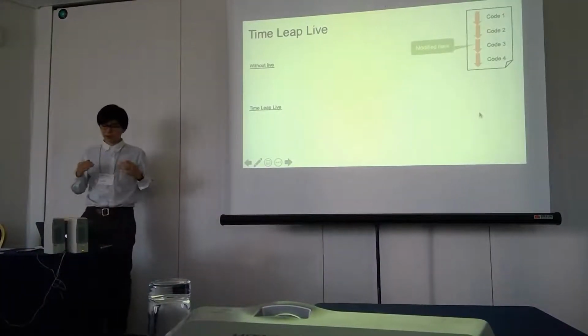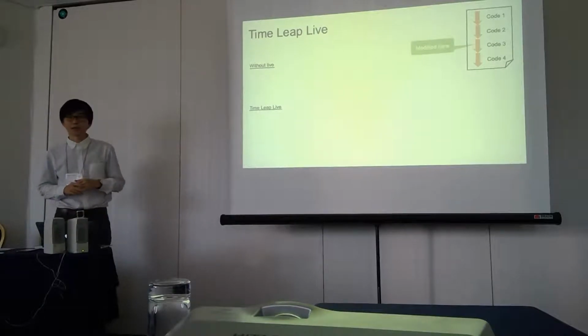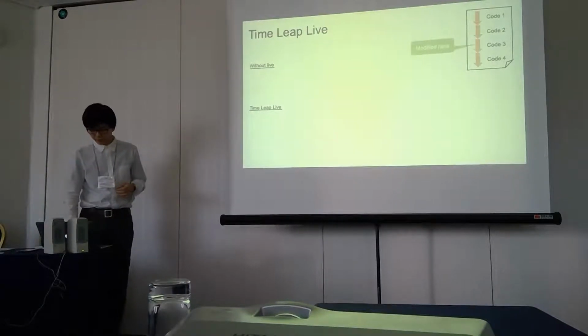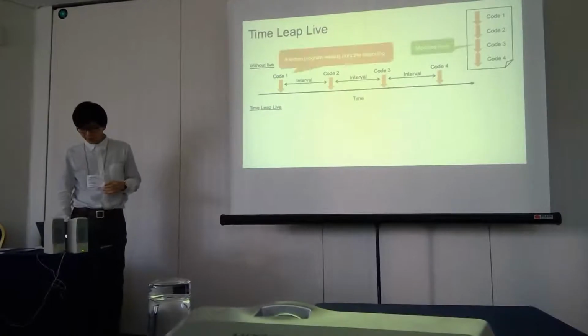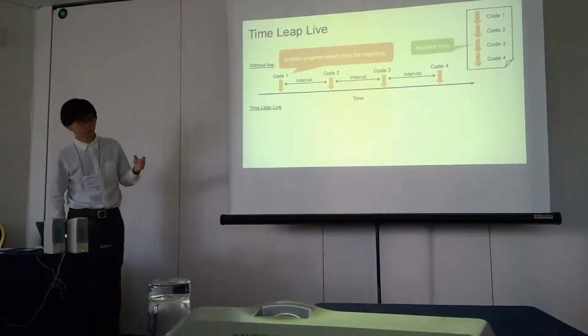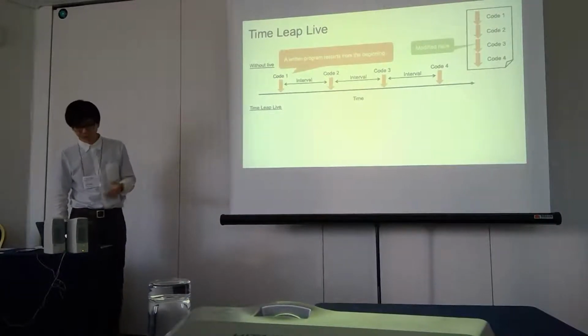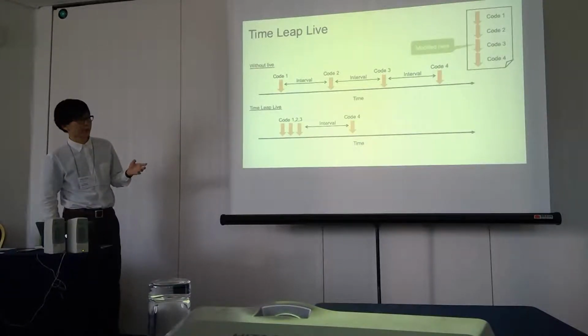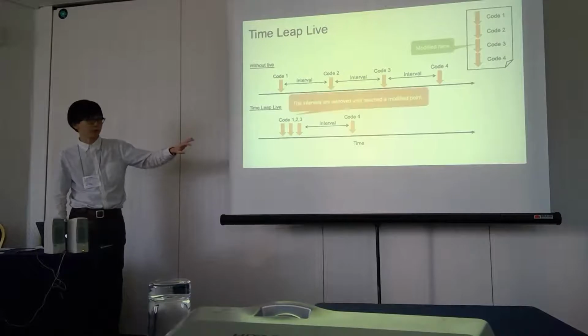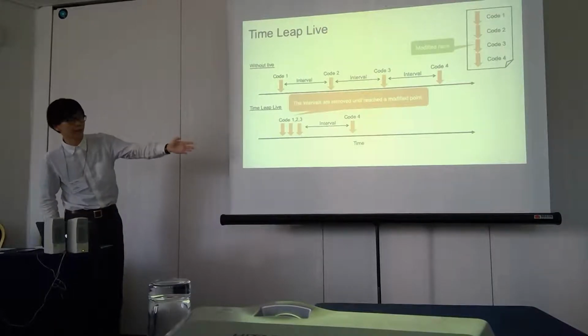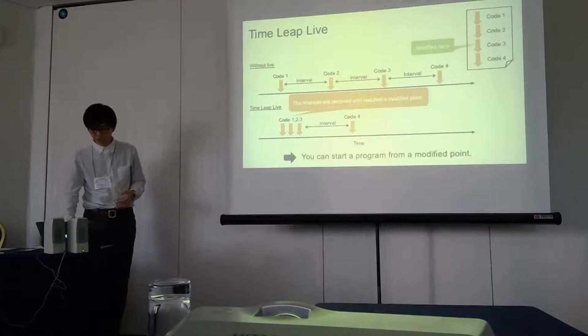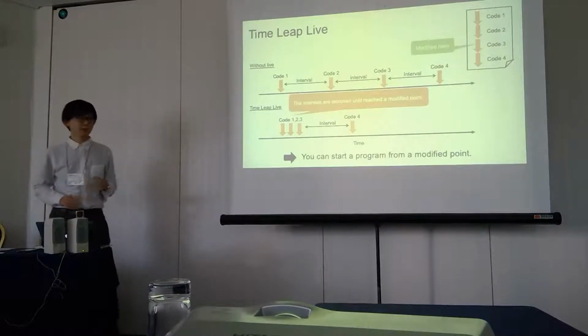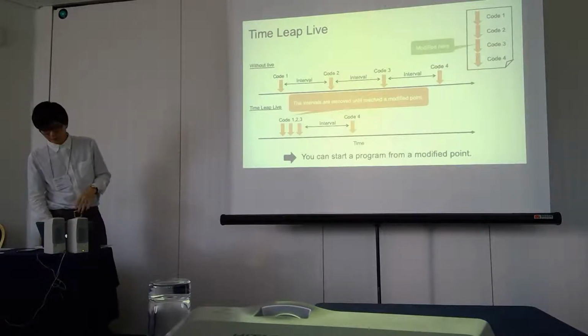I'd like to explain the inside of time replay. As I said, a restart is like a program restarting from the beginning. On the other hand, in time replay, the intervals are removed until reaching a modified point. So you can start a program from a modified point.